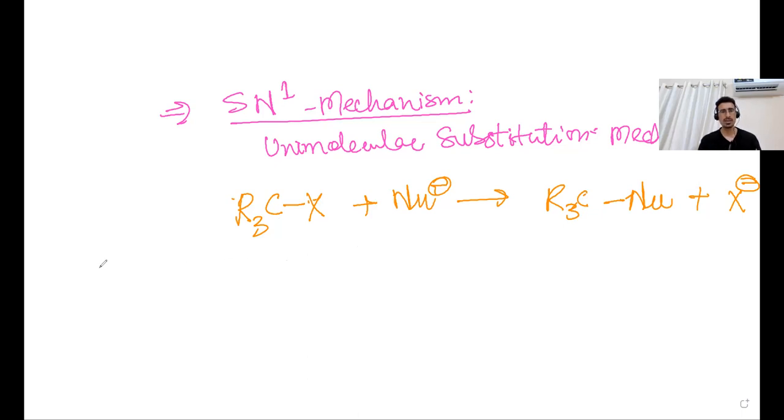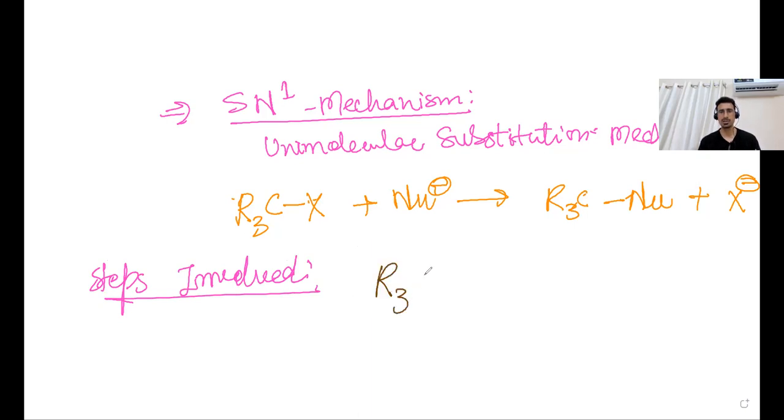So what happens? There are steps involved. So we shall be discussing the steps involved in this reaction. First of all, this alkyl halide, or we could say tertiary alkyl halide, because there are 3 alkyl groups attached to the carbon that is directly linked with this halide group.